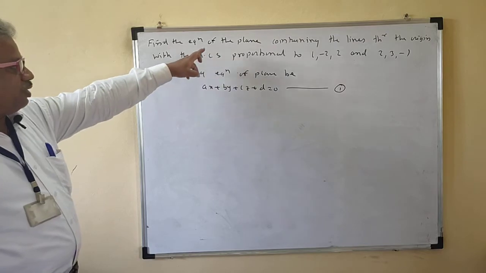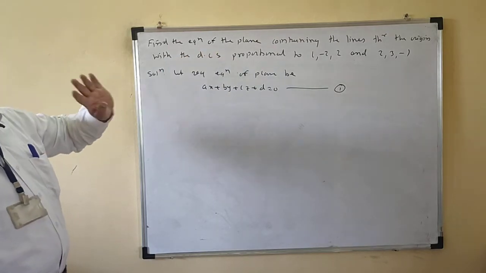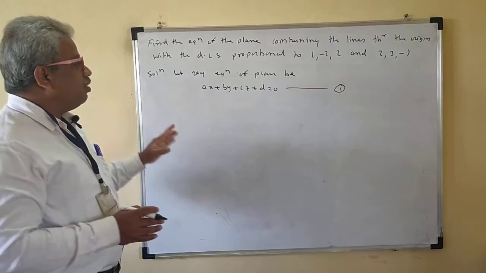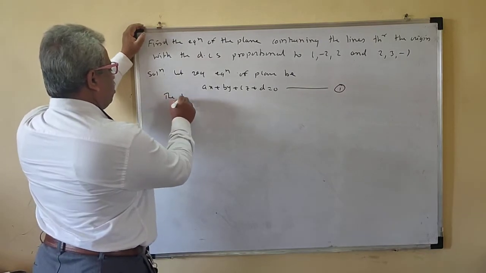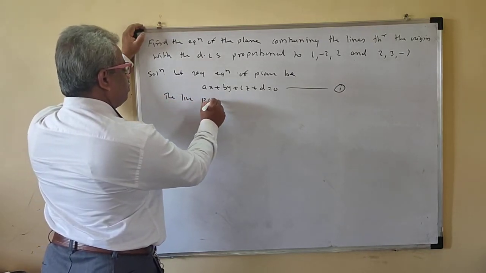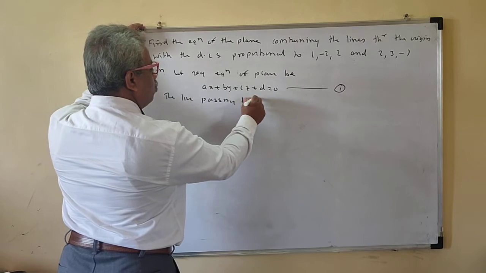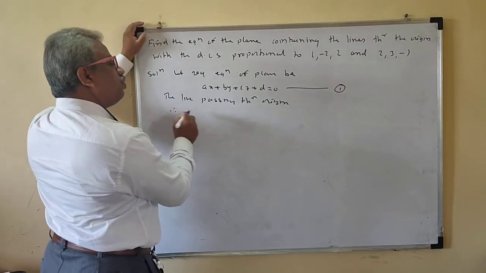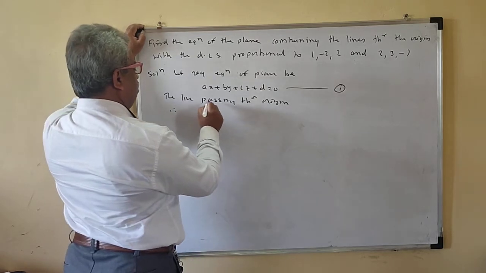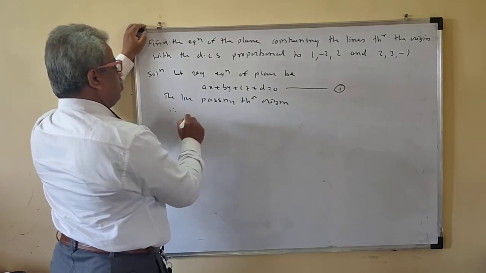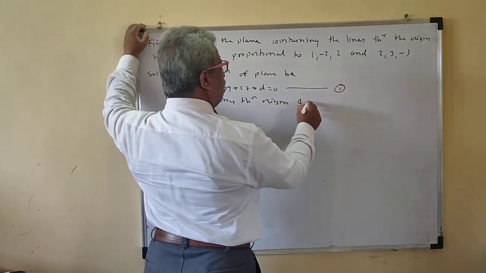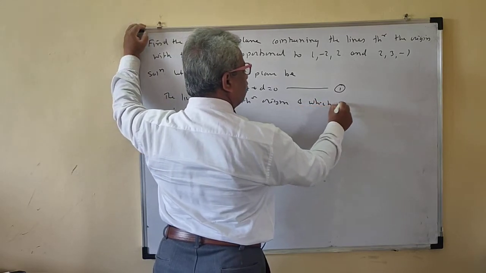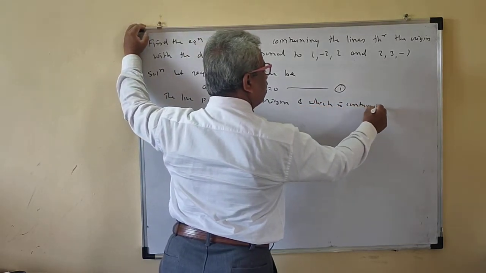The line passing through origin means the line passing through origin. So therefore the line passing through origin is contained in the plane.